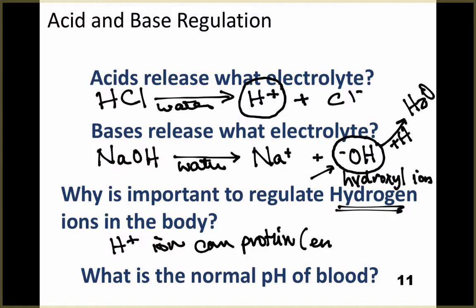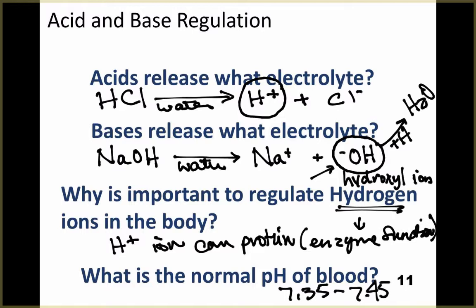And proteins, for the most part, are enzymes. They're also structural formations, right? But they're enzymes, so basically it can reduce enzyme function by breaking and destroying the enzymes. So the normal pH in a person is between 7.35 to 7.45. And our body is going to work really, really, really hard to regulate that, to keep it within that.